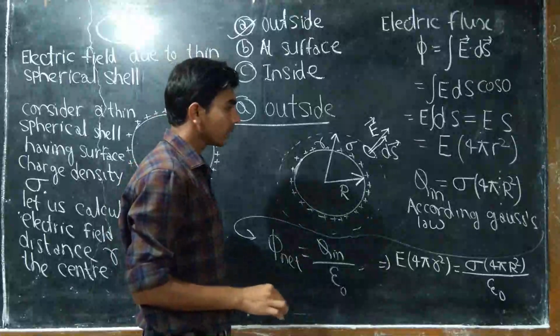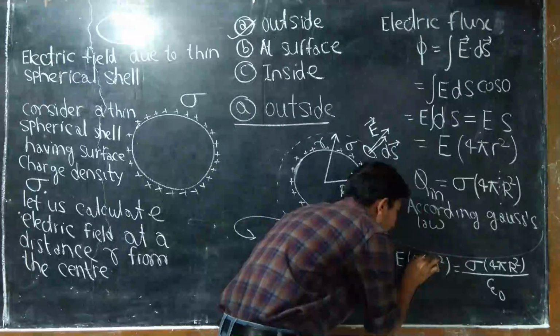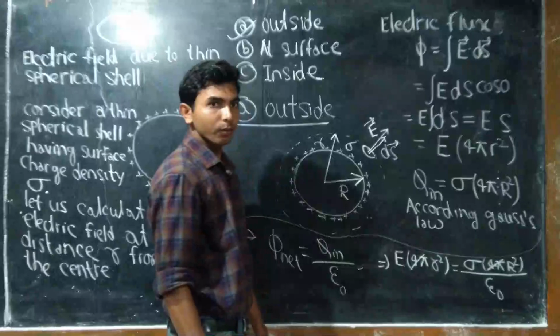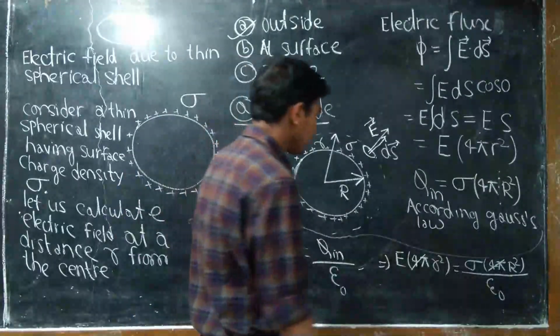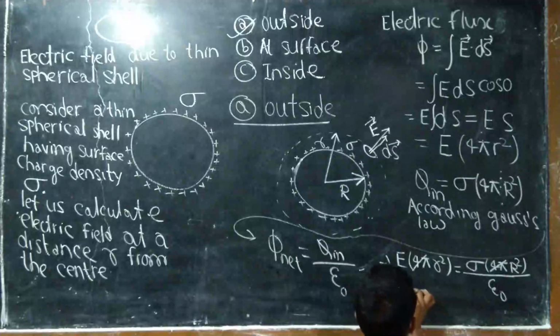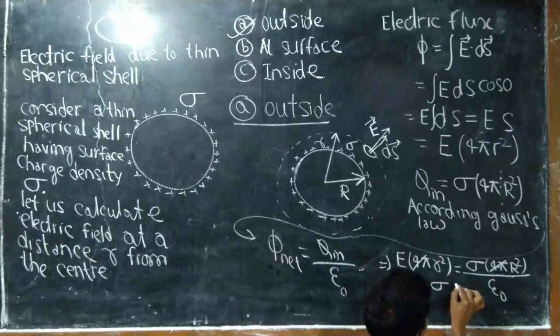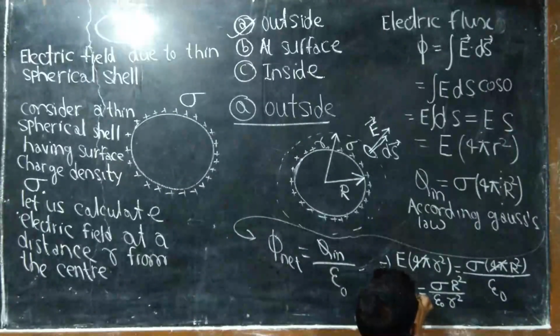Now you can see here, 4 pi cancels, right? So what value will come here? E is equal to sigma capital R square by epsilon 0 small r square, right?